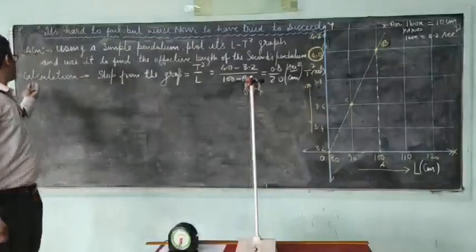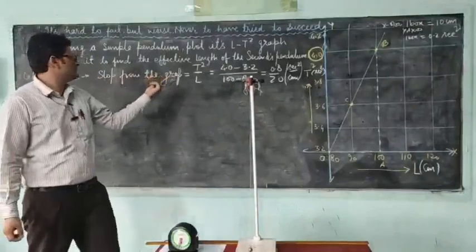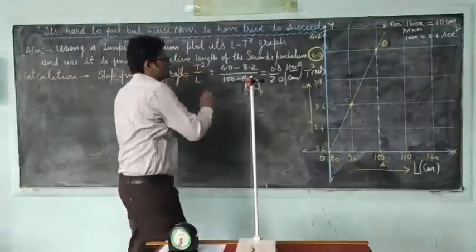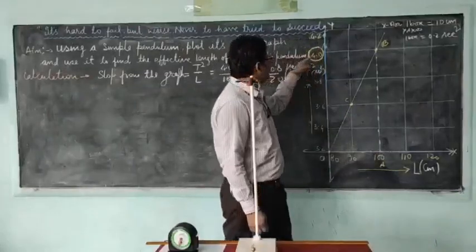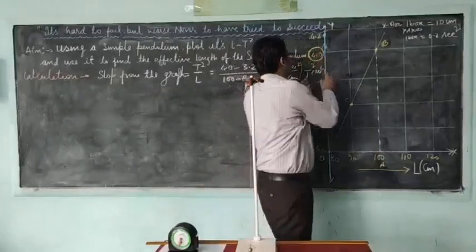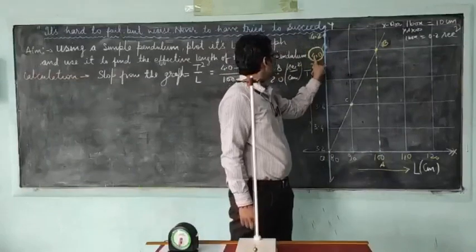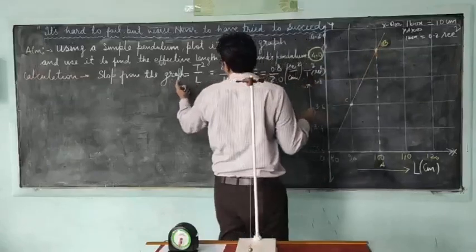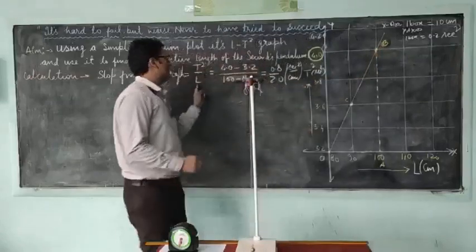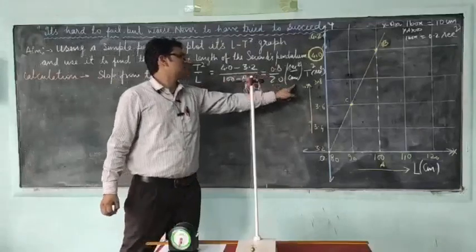Now I am going to do the calculations. First we will find the slope from the graph. From the graph, I am taking this one point because this is the point of the second pendulum. At this stage, this is 4.0, so this is the point B. The slope of the graph is equal to T square upon L, in second square per centimeter.